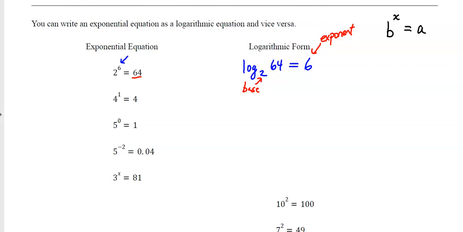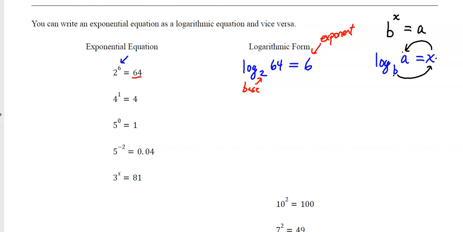Well, you would write this as log base b of a equals x. So you can see you have this relationship that goes in a circle where you have the base on the bottom, your exponent, and then your answer over here. And it just takes a little bit of practice to get the pattern down.